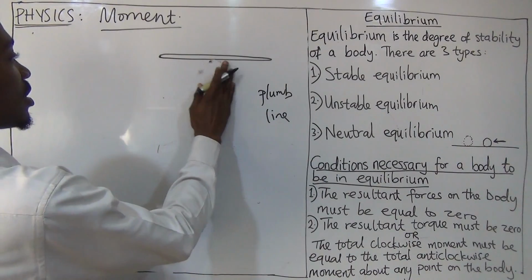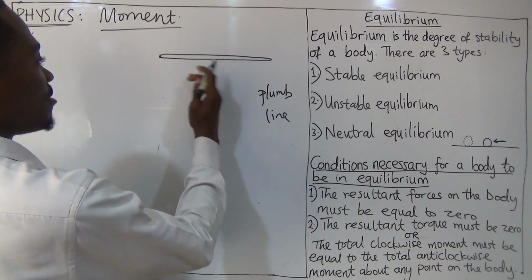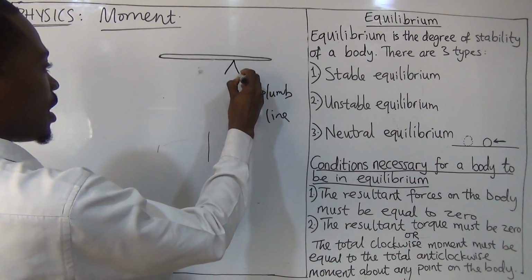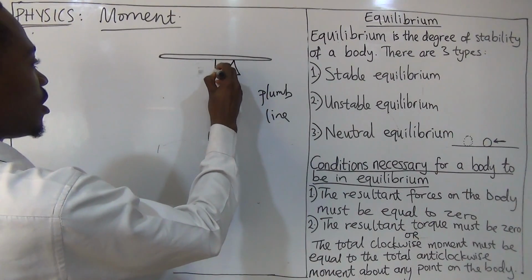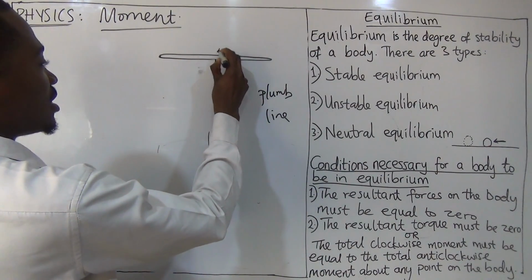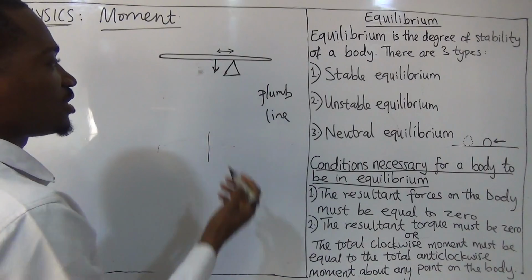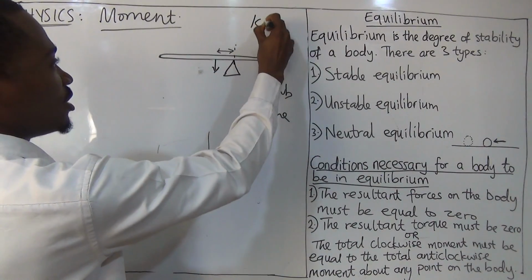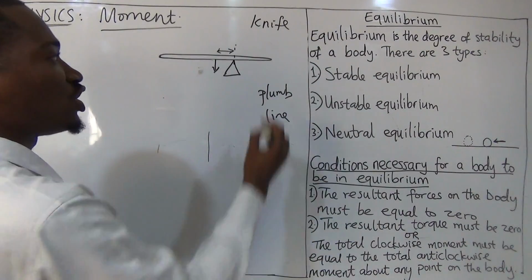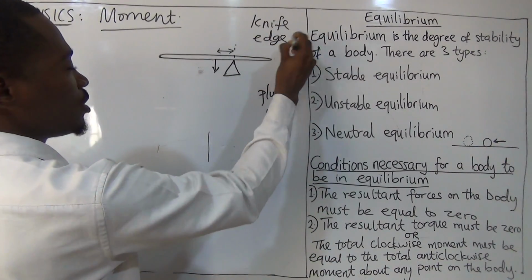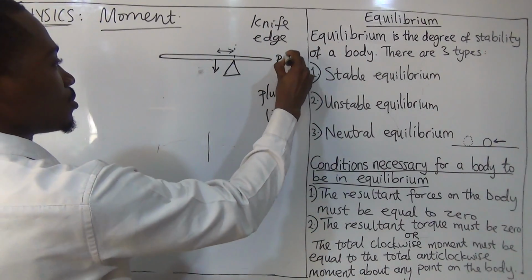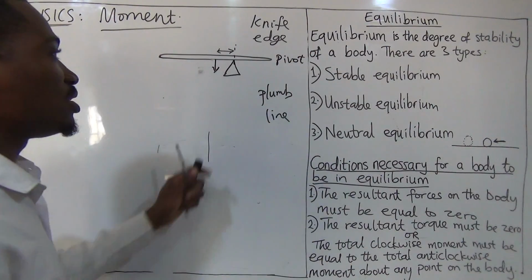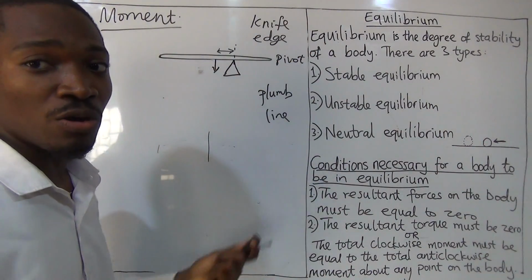But once I shift the knife edge, or the pivot, and put it here, away from the center of gravity, now there's a distance. I call it a knife edge because it's meant to be as sharp as a knife, or you can call it the pivot.